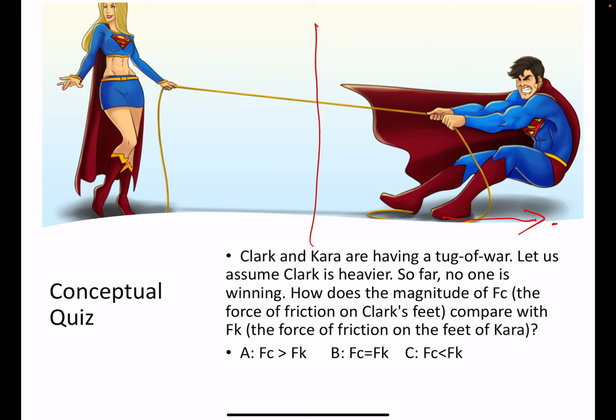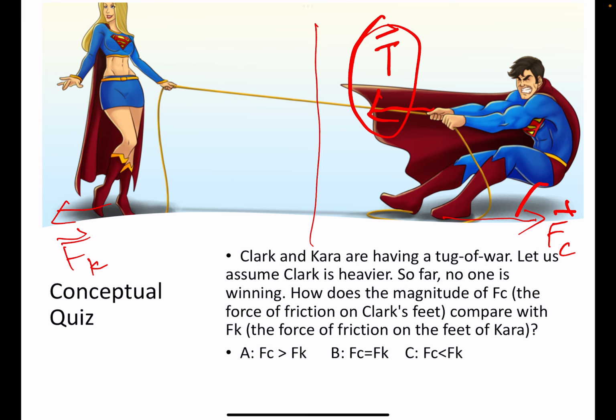So the force on Superman, let's call it force on Clark. The force on Supergirl, let's call it the force on Kara. Now, none of them are moving, which means the net force on Superman has to be 0. So this tension has to exactly cancel this one.